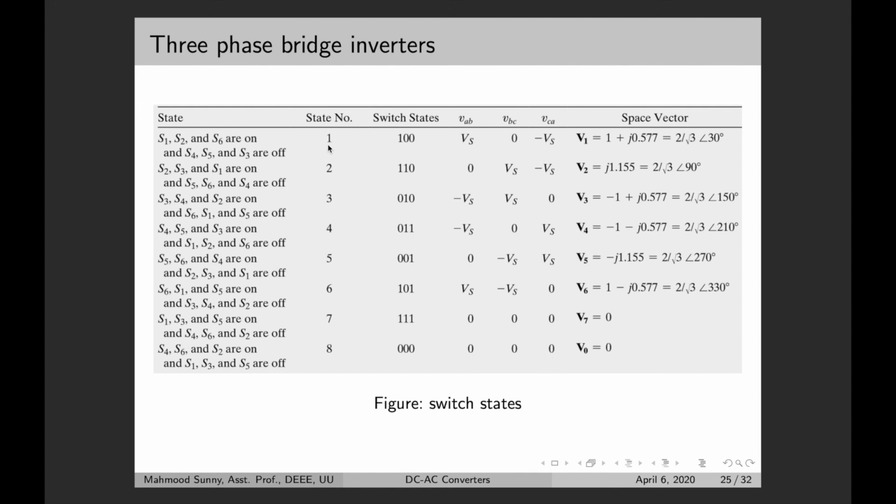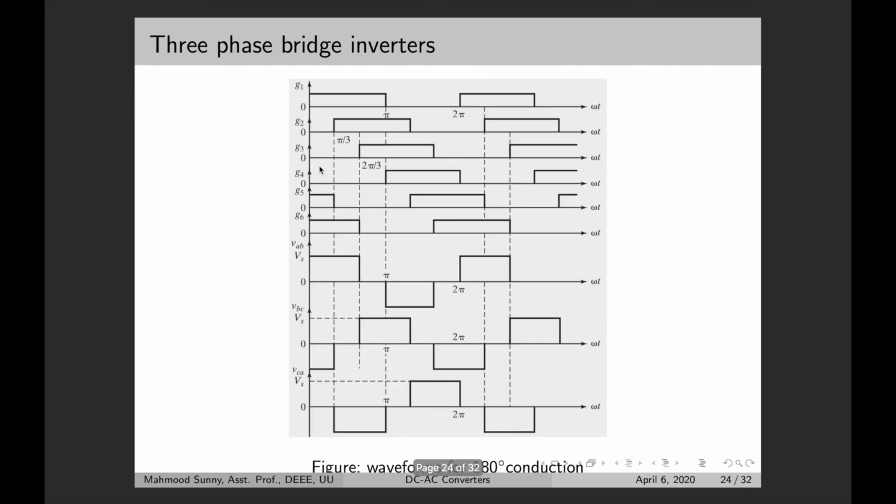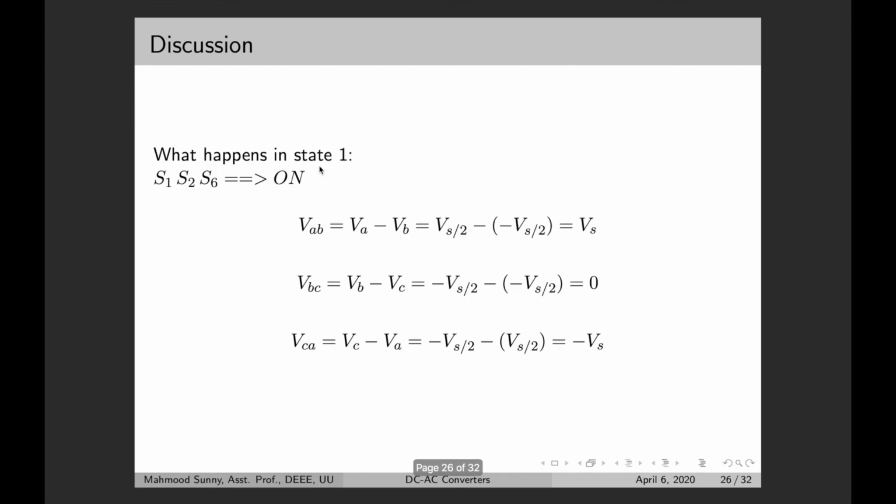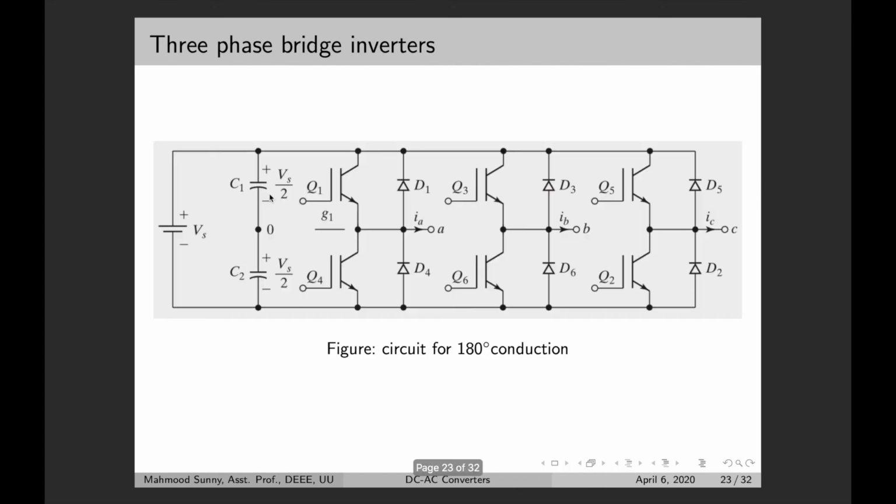Okay, so we can inspect what happens in the first state where S1, S2 and S6 are on. So in state 1, S1, S2 and S6 are on. So that means this one is on, then S6 is on and S2 is on.